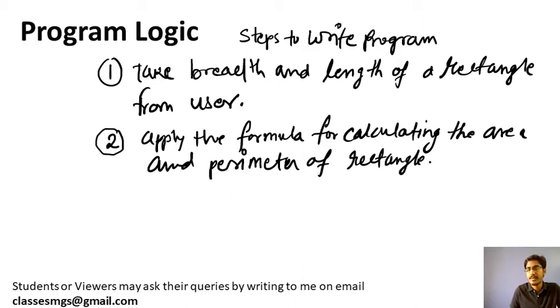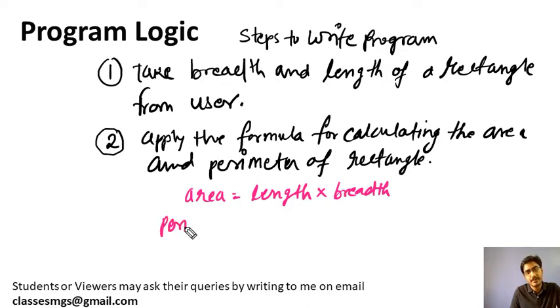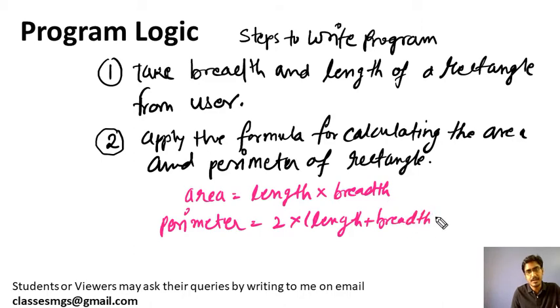So what is the formula for calculating the perimeter and area? Area can be calculated as length into breadth, as we have discussed in the last slide. And how can we calculate the perimeter? The perimeter can be calculated as 2 into length plus breadth.